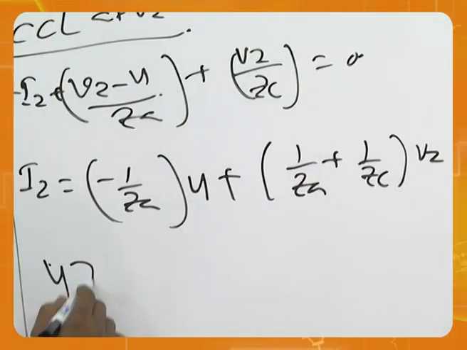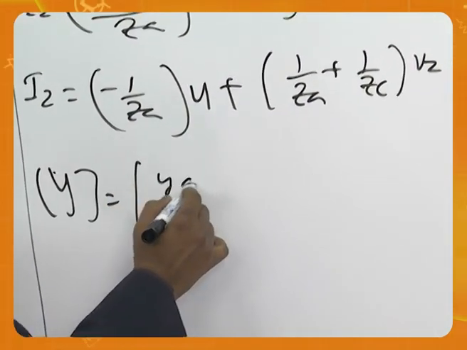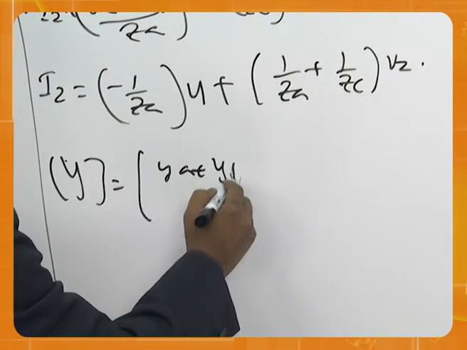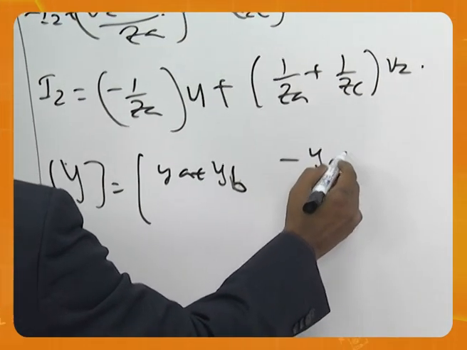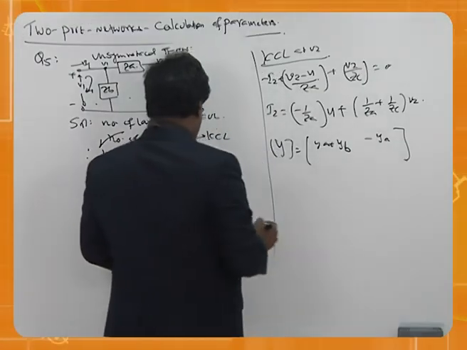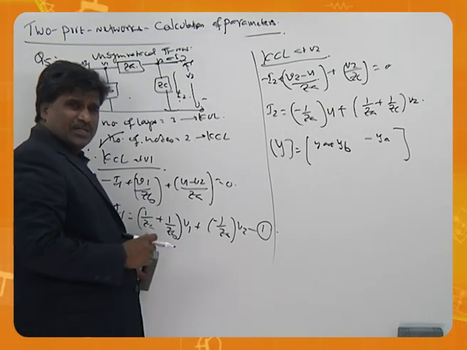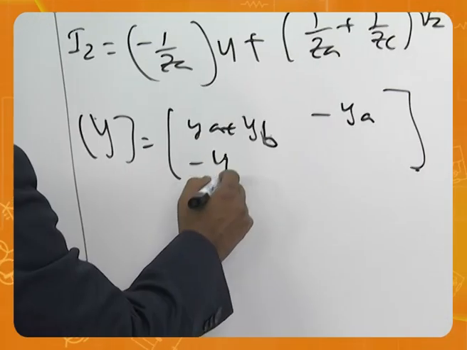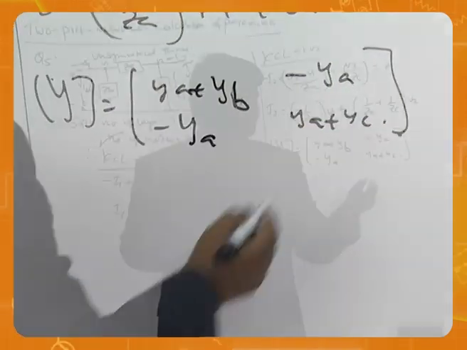Therefore, if you identify the Y matrix, this is YA plus YB, and this is minus YA, because when you say 1 by ZA, I can call it YA. Here minus YA, YA plus YC.